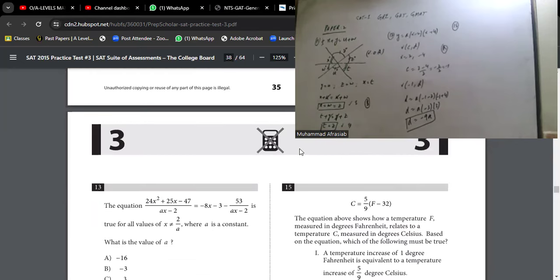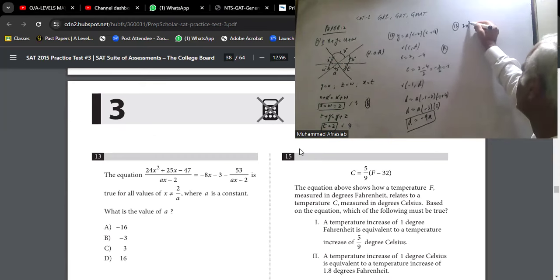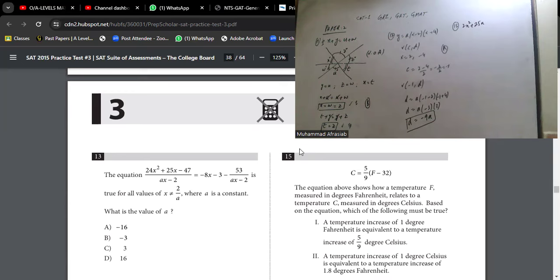Question number 30. The equation (2x² + 25x − 47)/(ax − 2) is equivalent to −8x − 3 − 53/(ax − 2), where ax − 2 should not be equal to 0, or x should not be equal to 2/a.